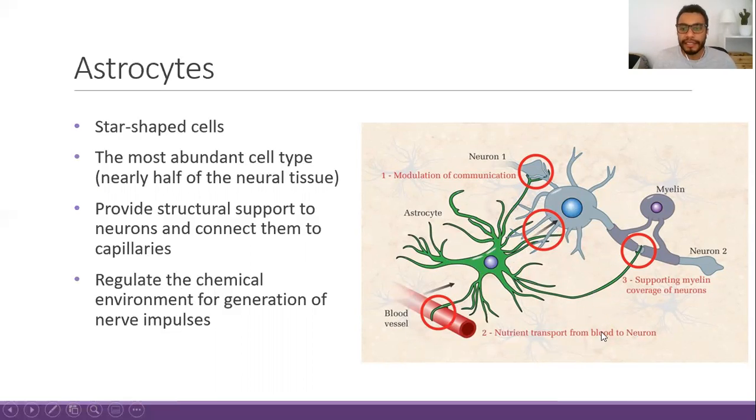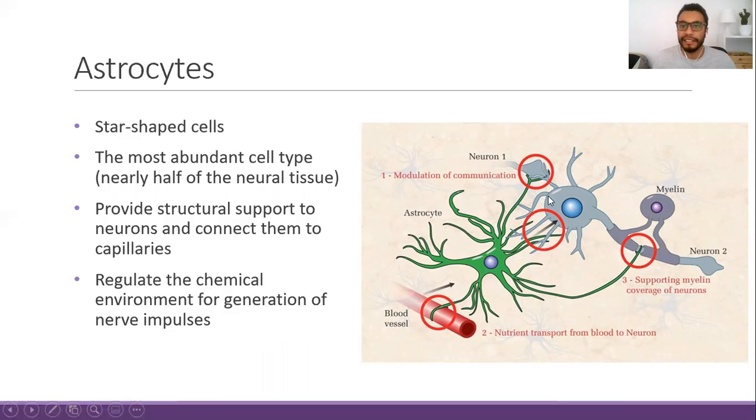Apart from these nutrients, they also support the myelin in the coverage of neurons here. So they have those specific functions, regulating the chemical environment for generating the nerve impulses.